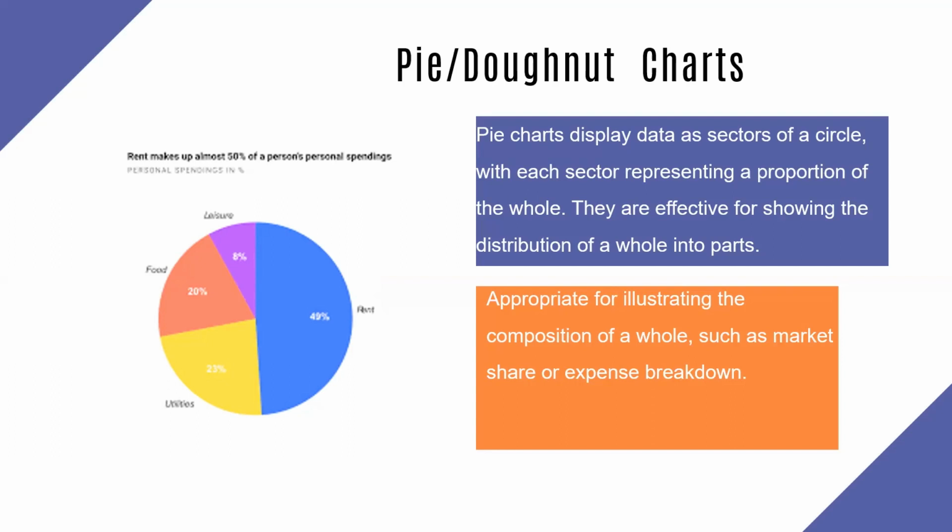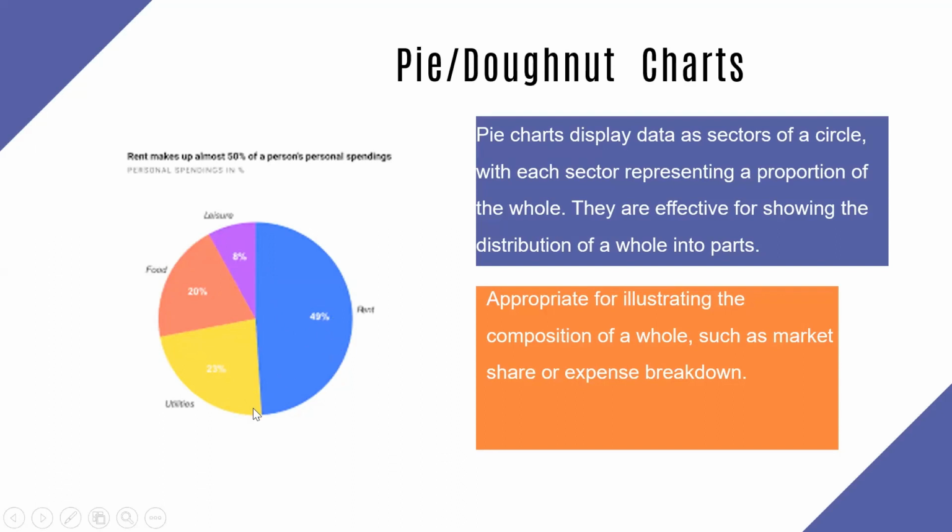And we have a simple example that shows rent makes up almost 50% of personal spending. And this pie chart represents personal spending, with rent represented by the blue color, which is 49%.